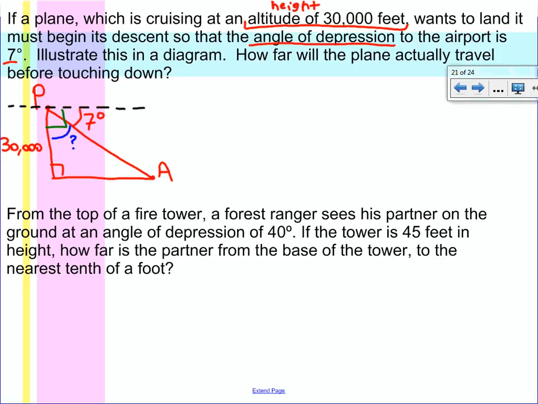Meaning that if the first chunk right here is 7, the remaining chunk that we're looking for would be 90 minus 7, giving us an angle of 83 degrees inside of the triangle.